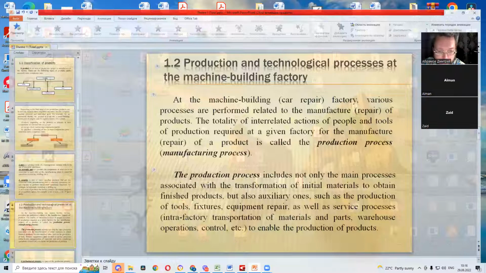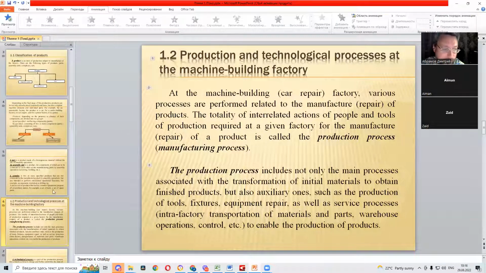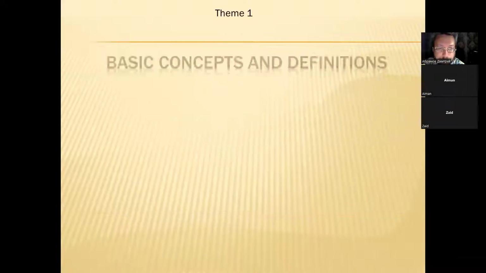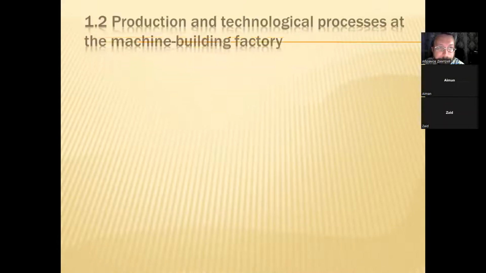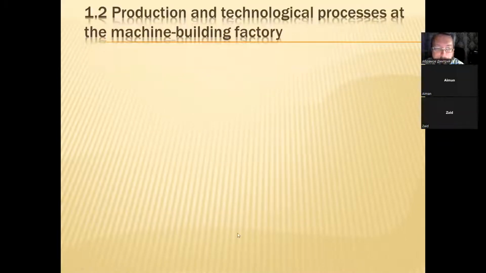And we are returning to our presentation, and we start item 1.2, production and technological processes at the machine building factory.